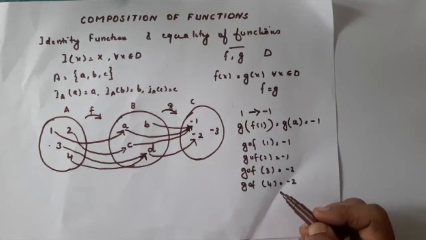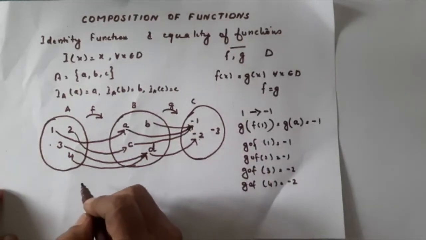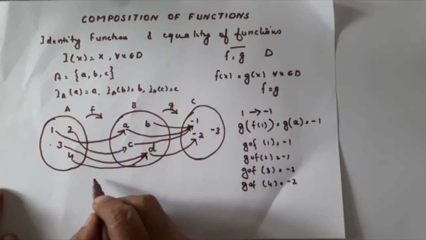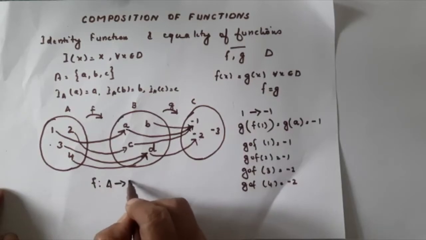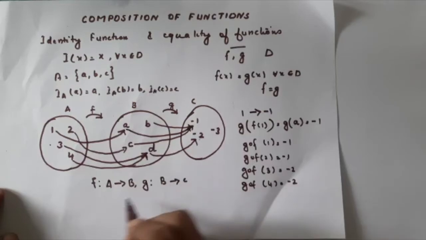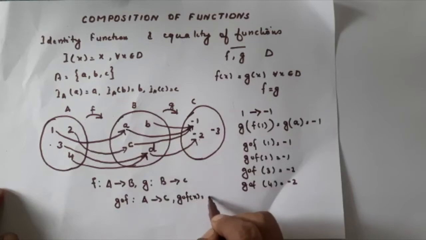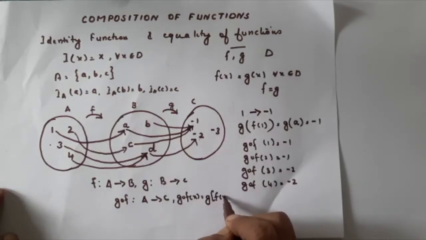This joining of f and g in this way is the composition of f and g. How can it be defined? Let small f be a function from A to B, and small g be a function from B to C. Then g dot f is a function from A to C. And how can it be written? g dot f of x equals g of f of x.